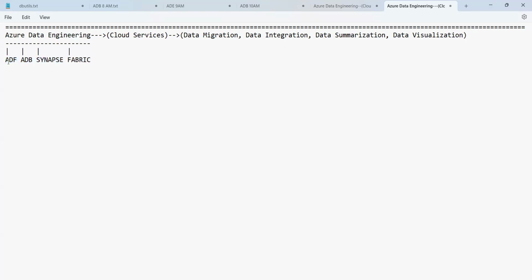Apart from Fabric, you have one more advanced feature in Azure that we call Open AI. Open AI is just like ChatGPT.